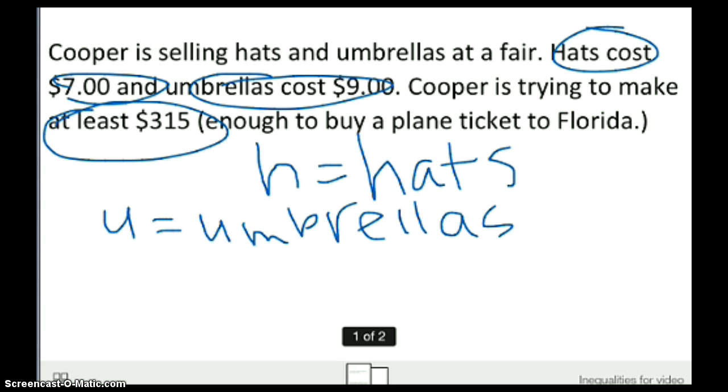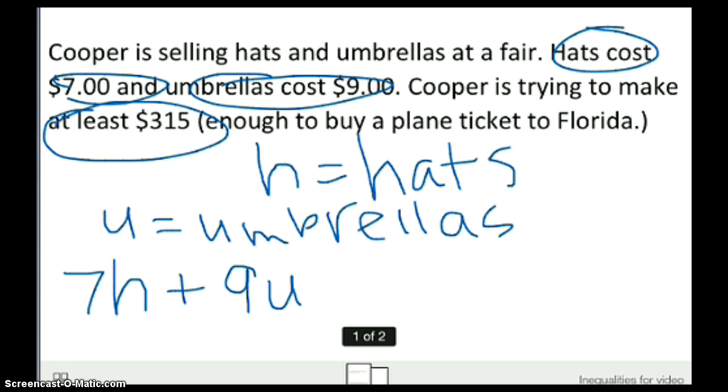Go ahead and do that. If you need to, you can push pause. And now you need to think about the other side of your inequality, which is the at least $315. So the amount that he is selling, $7 for each hat, 7H, plus $9 for each umbrella.